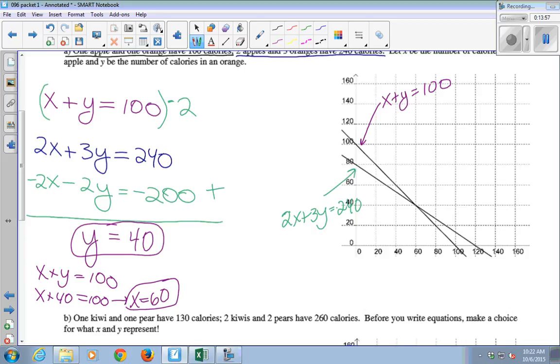Today I'm giving them to you so that you can just double check your answers. The place where those two lines cross is the solution that should be the solution we found algebraically. This is the point 60, comma 40. x is 60, y is 40. And that's the solution we found algebraically.